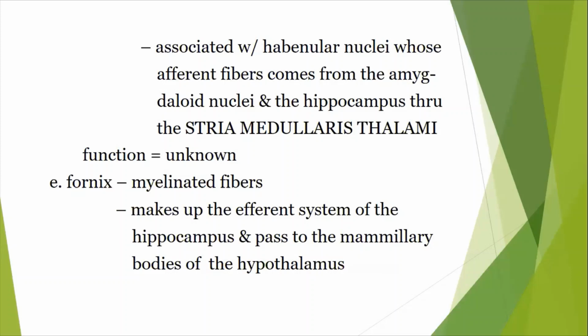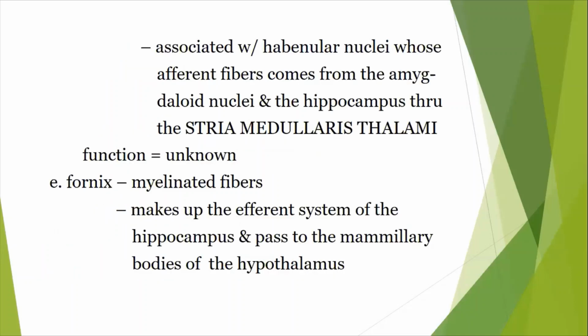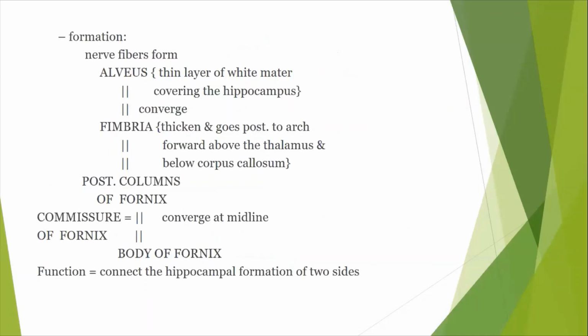Then you have the fornix, which are myelinated fibers making up the afferent system of the hippocampus and pass to the mammillary bodies of the hypothalamus. For the formation of your fornix, you have nerve fibers that form a thin layer of white matter covering the hippocampus. This is known as your alveus.